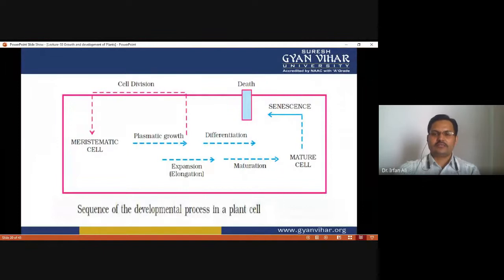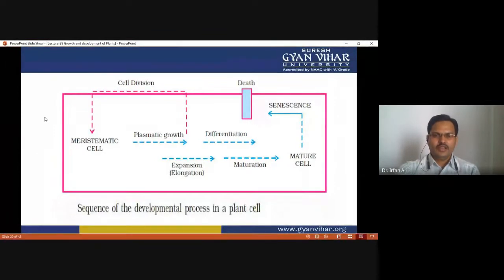So this figure shows the development process in a plant cell. Initially there is a meristematic cell, and due to cell division, plasmatic growth is there, and expansion or elongation is there. Finally, the cells become mature. That is a mature cell.